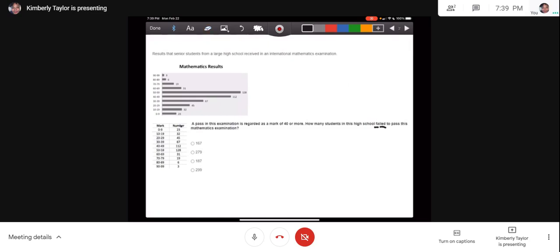Let's look at these numbers. So let's add those numbers up because if you look, the range from 30 to 39 was 67 students. From 20 to 29 was 45 students. From 10 to 19 was 32 students.